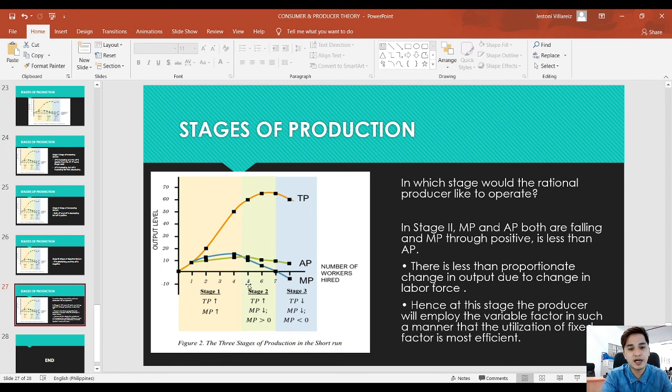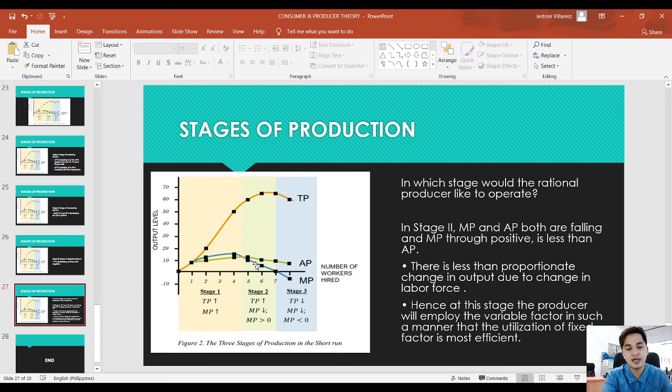At 5 to 6 workers, we can maximize our productivity. Because here at this point, our total productivity is still at increasing point, and then our marginal productivity per labor is still, though decreasing, but it's still positive.